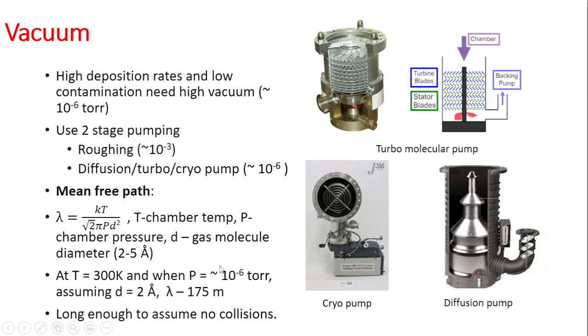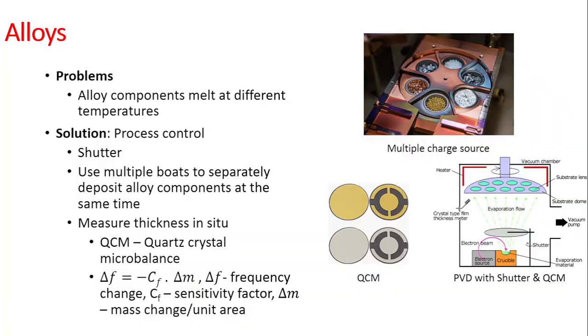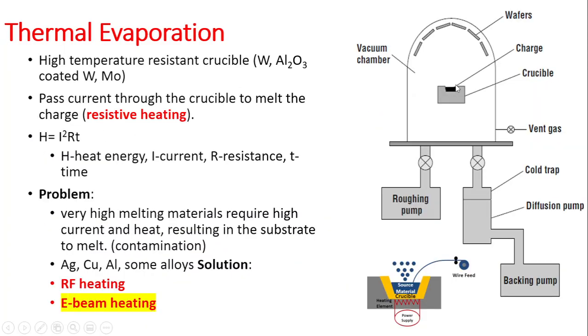So if you do the calculations in the case of thermal evaporation, if you assume the pressure to be 10^-6 torr, and if you assume the diameter to be around 2 angstroms, the mean free path is around 175 meters, which is actually much larger than the distance between your crucible and your wafer.